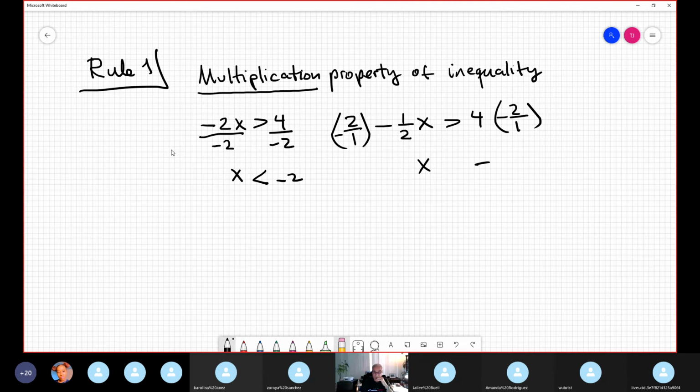However, this is -8, and this is reversed. This frequently happens. So the conclusion is if you multiply or divide by a negative number, we must reverse the direction of the inequality symbol. Rule number 1. Don't forget. If you forget, you are in big trouble, and the student forgot. Now you understand maybe, right? But when you need to apply it, and the problem in chapter 2, we need to investigate the domain of the function.